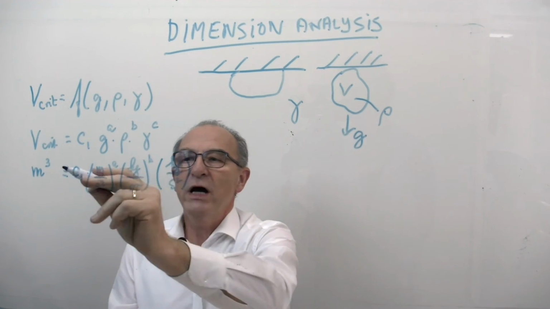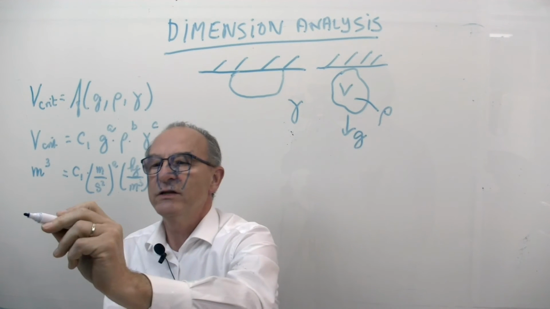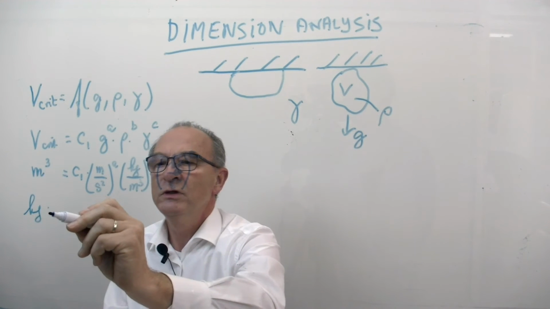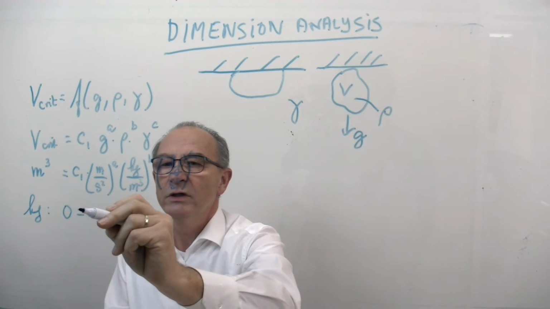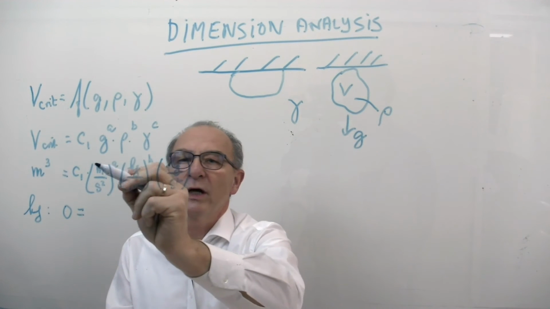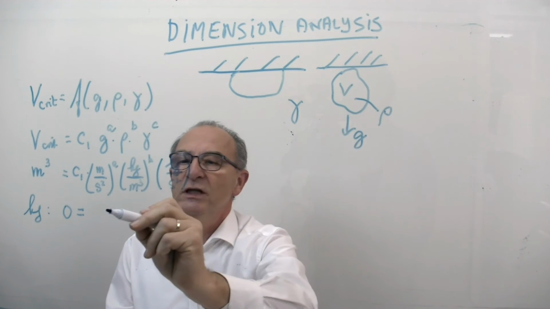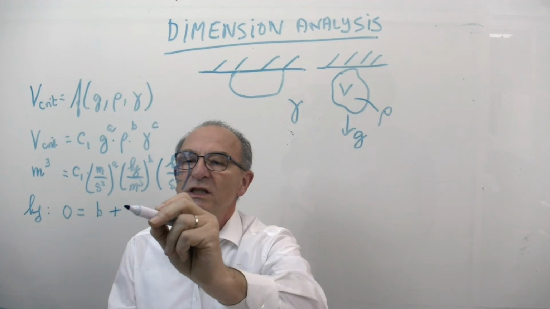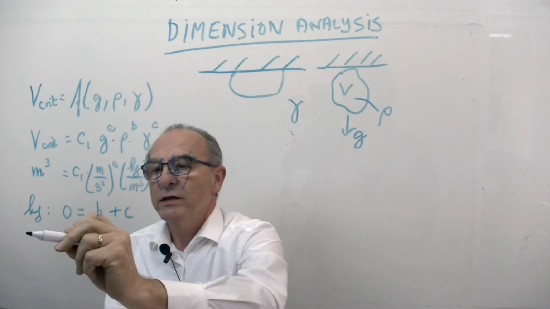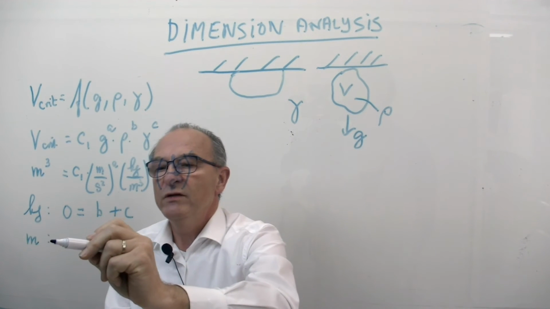So if you now write down three equations, let's say for the kilograms, you could say, well, on this side there are no kilograms, so 0 is equal to, on the right side, B plus C. We do the same with meters.